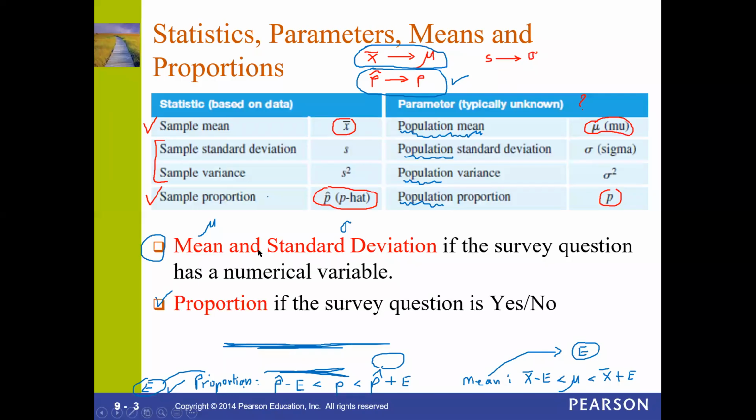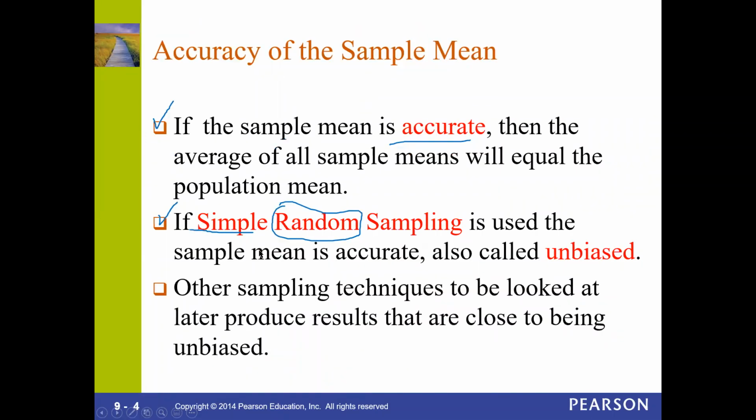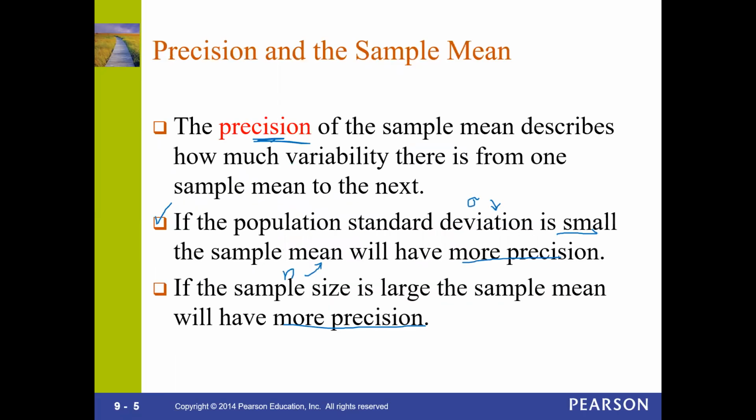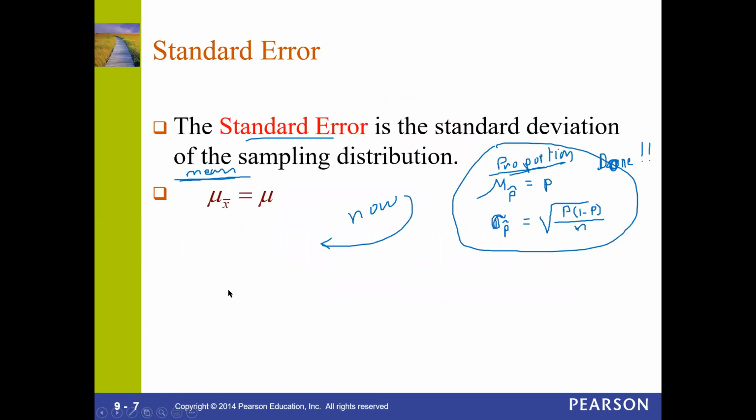We talked about that last time. It's the same idea just like before, just like the proportion. Yours has to be random, and so on. Let me go over some of the formulas.